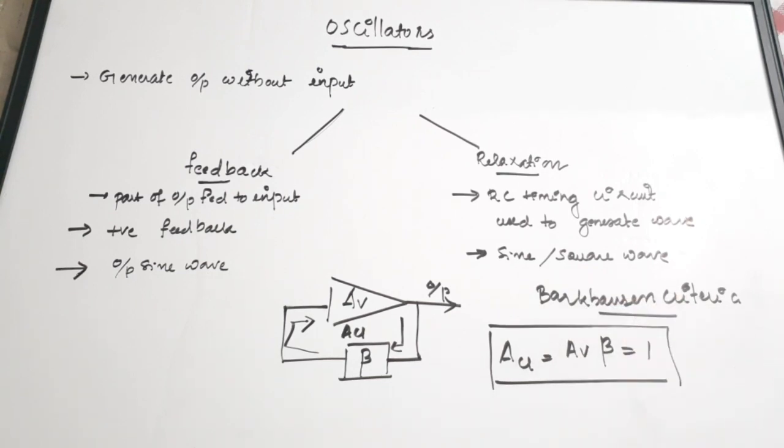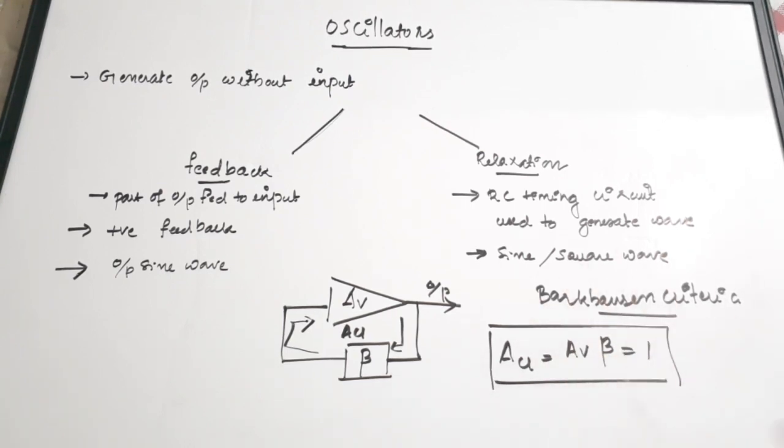Now, moving on to a very important concept of feedback oscillators. Consider this circuit. There is an amplifier with a gain of AV, and there is a feedback unit with a feedback factor of beta. This feedback unit is feeding the signal to the input of the amplifier, and the overall closed loop gain is ACL. In order to have sustained oscillations, the closed loop gain ACL should be equal to AV beta, and that is equal to 1.